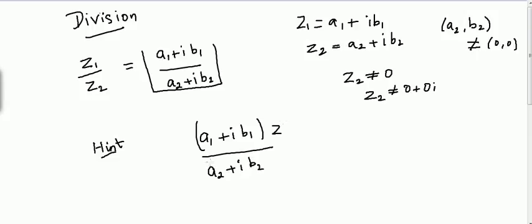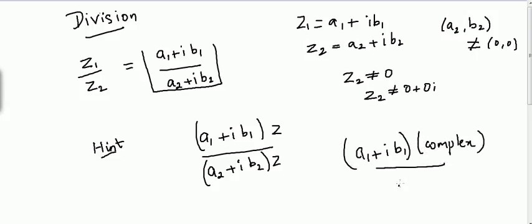I'll explain why. You have to multiply this with a number z such that (A2 plus iB2) times z, that is the new denominator, somehow becomes a real number. So what happens if this is accomplished? If this is accomplished, then you will have (A1 plus iB1) times some complex number divided by a real number.